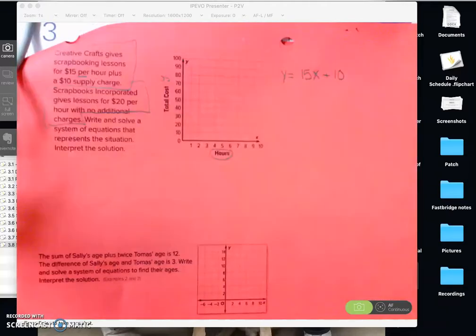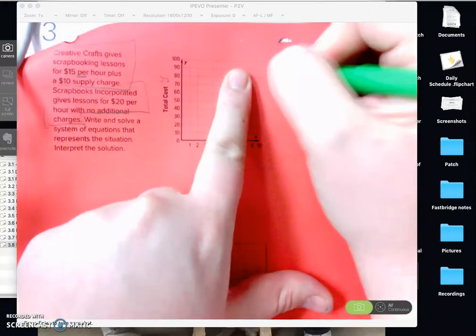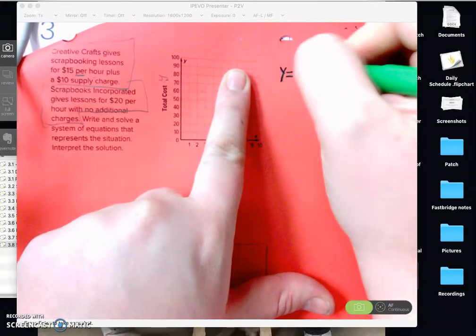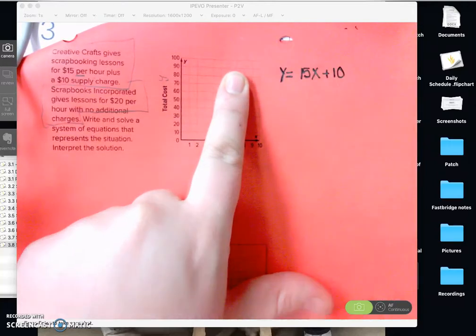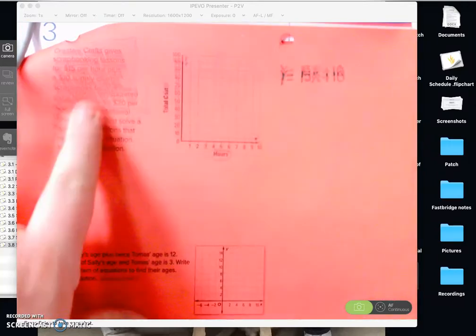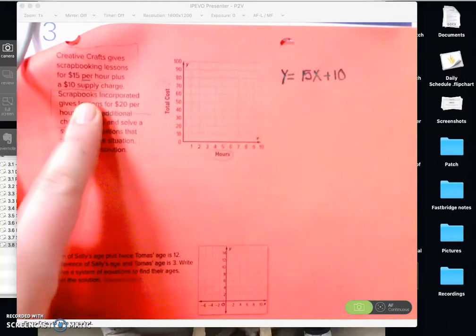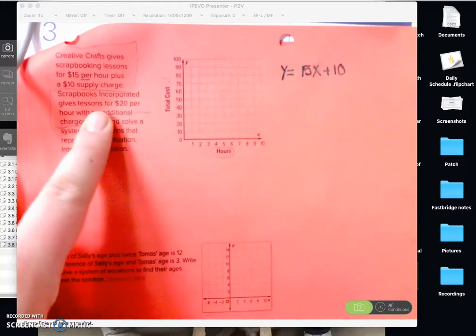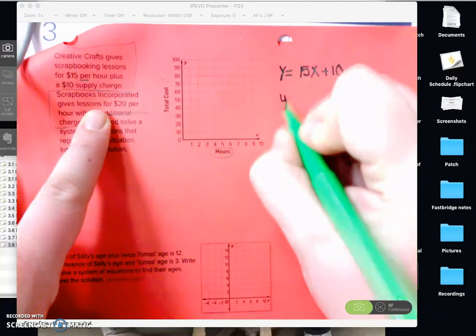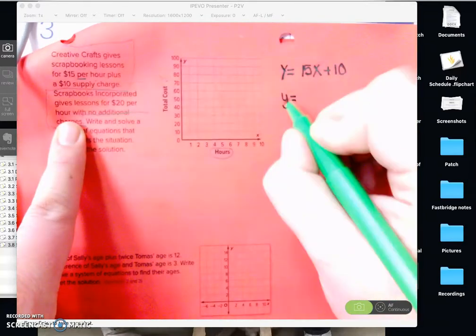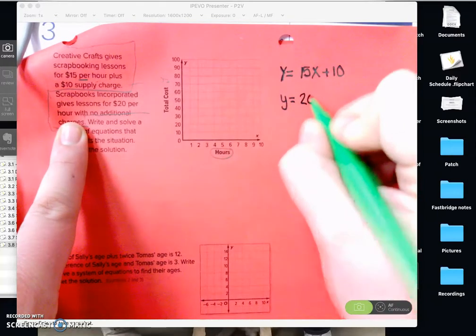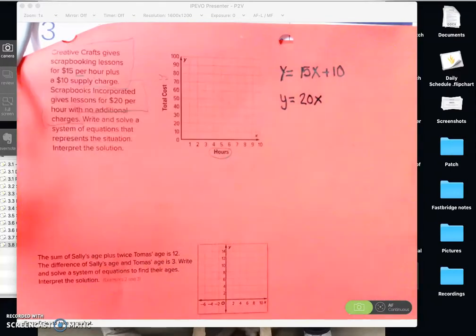And maybe I should write in a different color pen. Okay, then I have to find another equation, and I'm going to go for Scrapbooks Incorporated. So this gives you lessons for $20 per hour with no additional charges. So Y is just going to be $20 per hour.